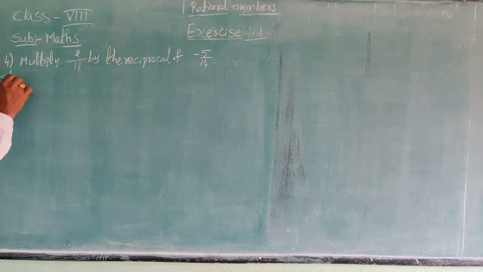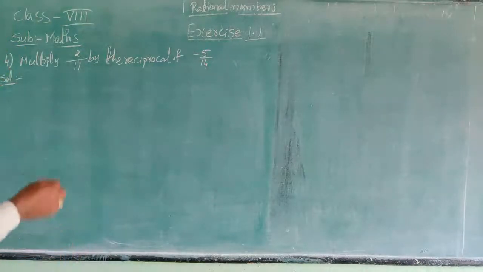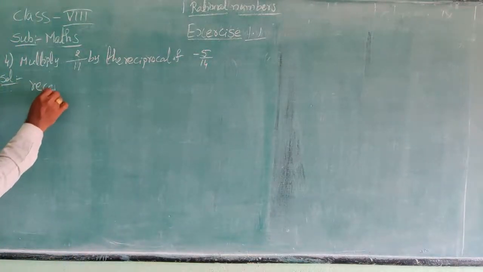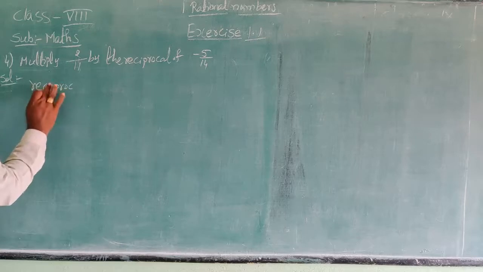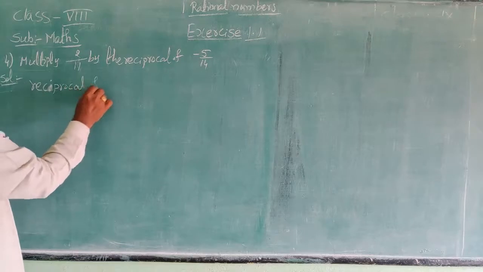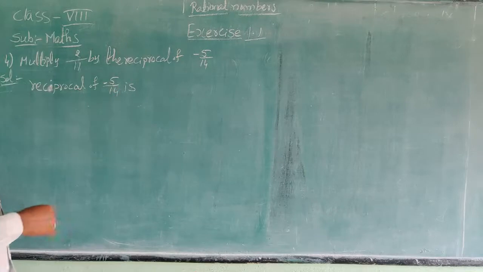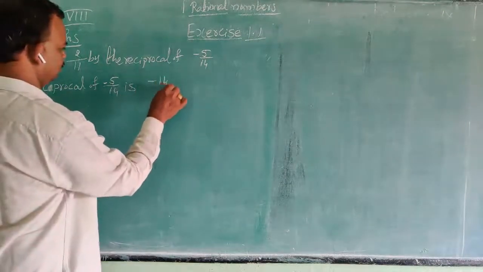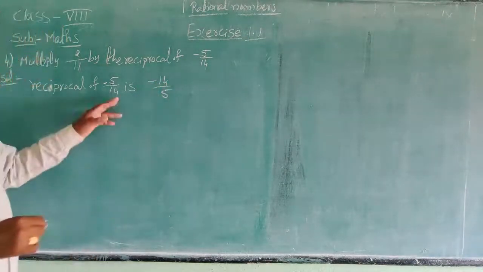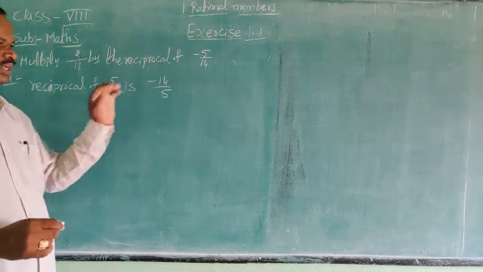Solution. First of all, write the reciprocal of minus 5 by 14. The reciprocal of minus 5 by 14 is, reciprocal means reverse value, equal to minus 14 by 5. Actually the value is 14 by minus 5. Here minus is there, so minus 14 by 5.